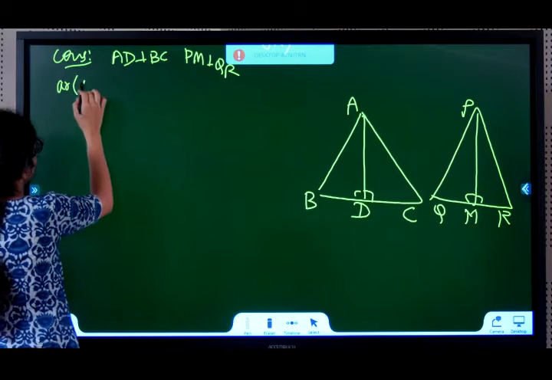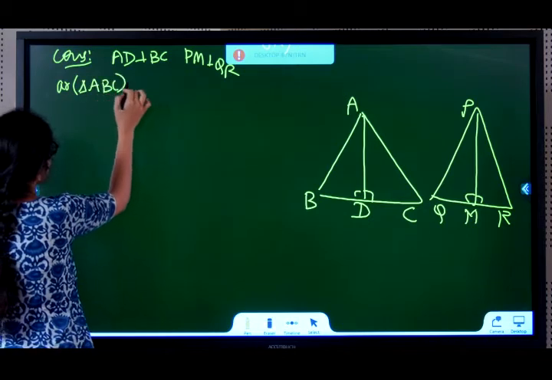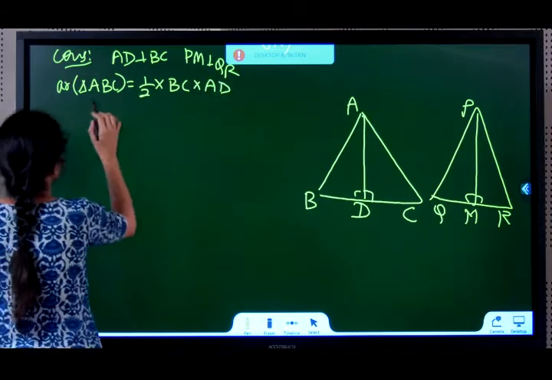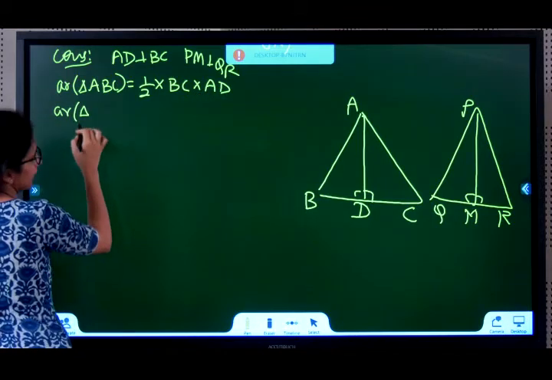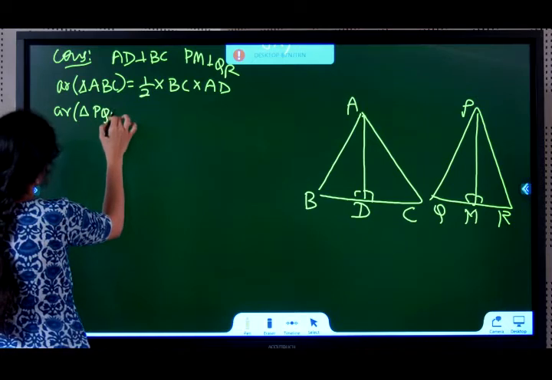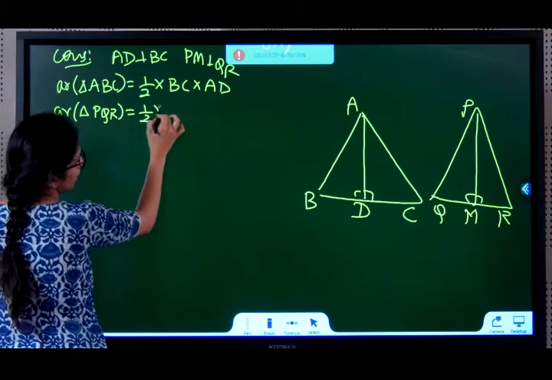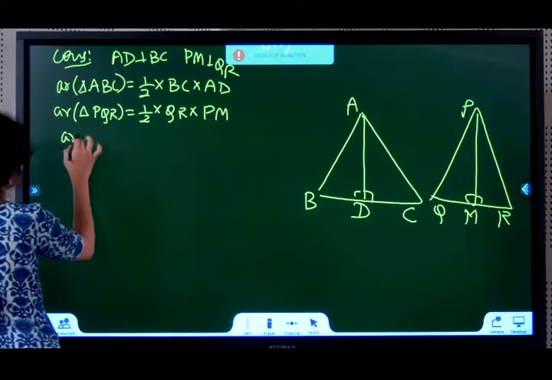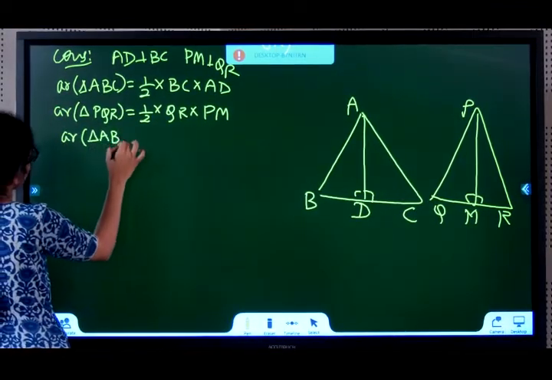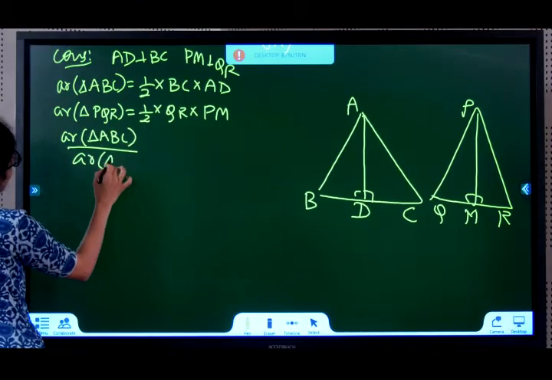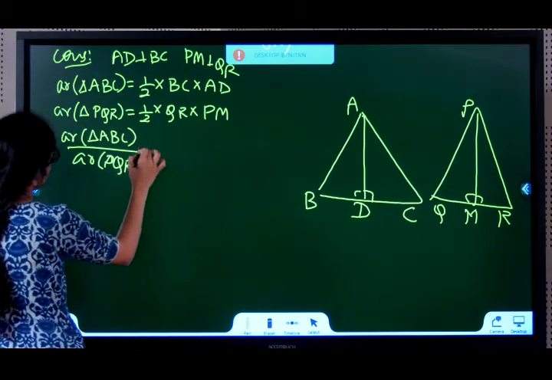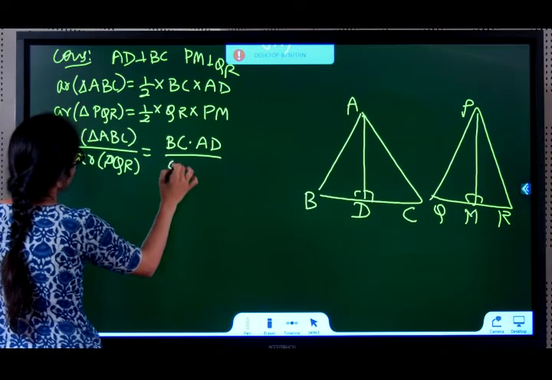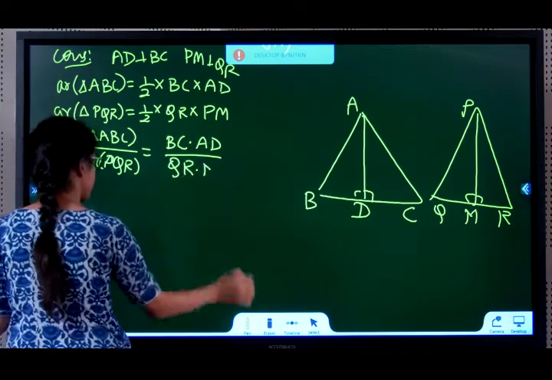So area of triangle ABC can be written as half into base BC into height AD, and area of triangle PQR can be written as half into base QR into height PM. Take the ratio: area of triangle ABC by area of triangle PQR is equal to, half cancels, BC into AD by QR into PM.